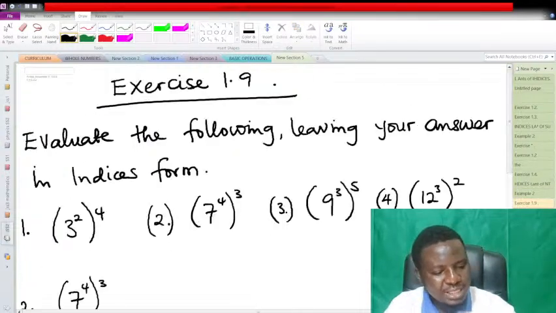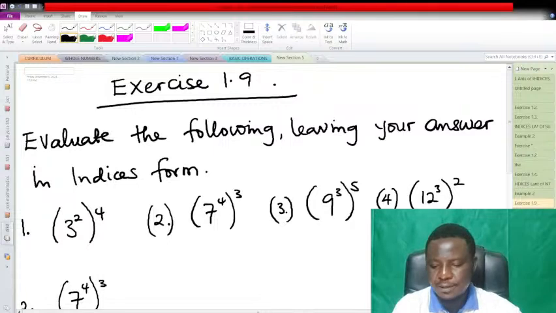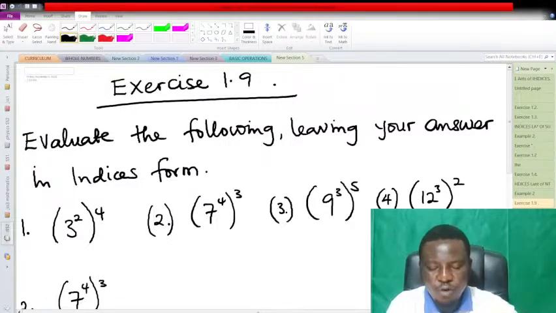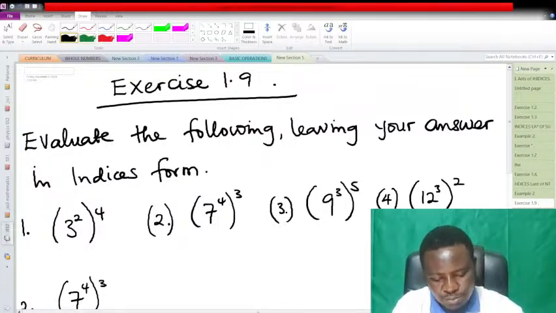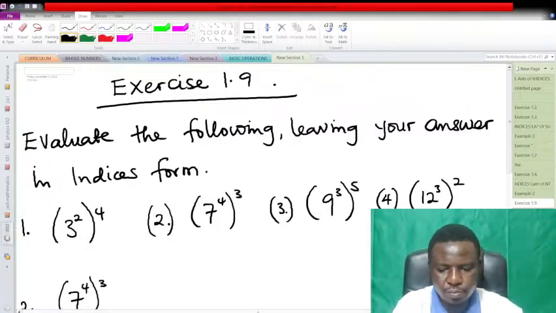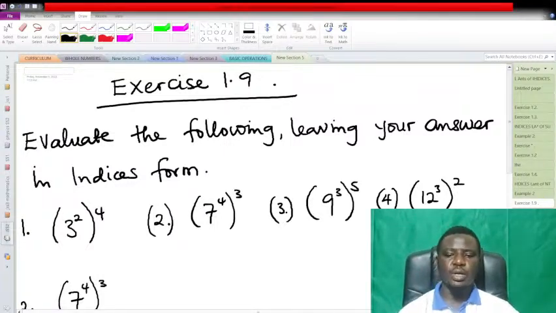So let's look at exercise 1.9. But before then, let me get feedback from you. Do you understand all I have said on indices law of multiplication? Is it clear to you, Sarah?